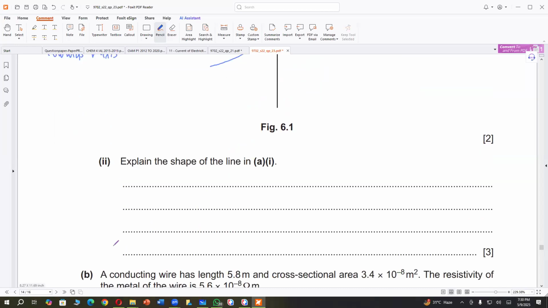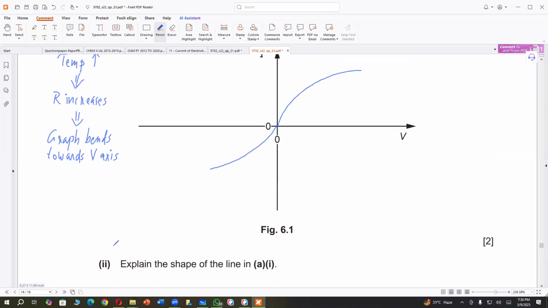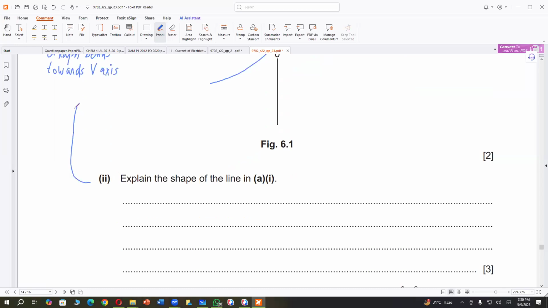Explain the shape of the graph. So I have explained it here.